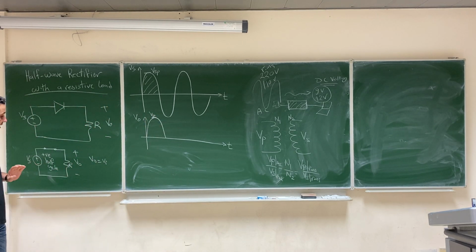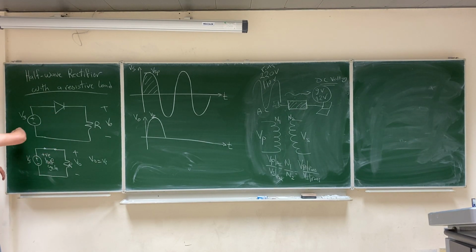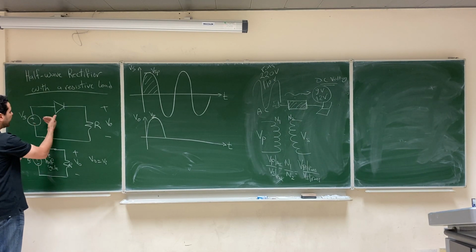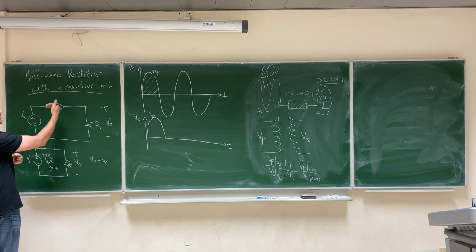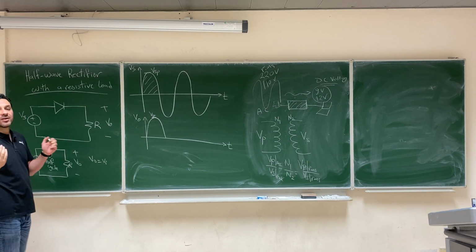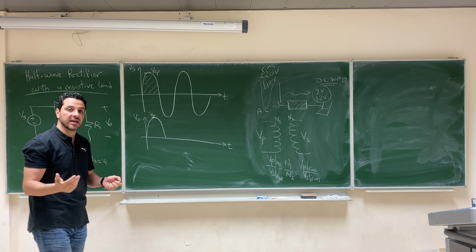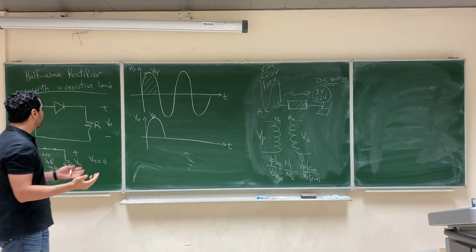Same amplitude exactly. However, in the negative half cycle, when Vs is negative, it tries to push the current the other way. So the diode will not allow that. Because it's an ideal diode so far, it will work as an open circuit.